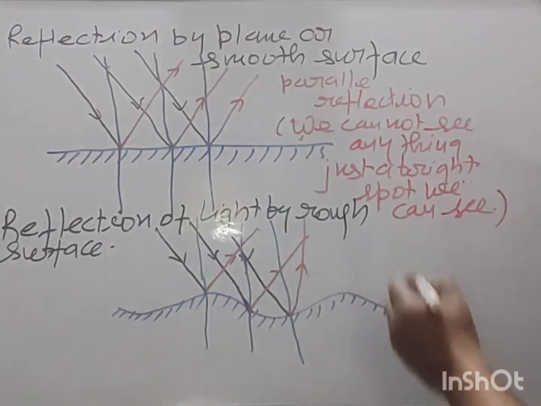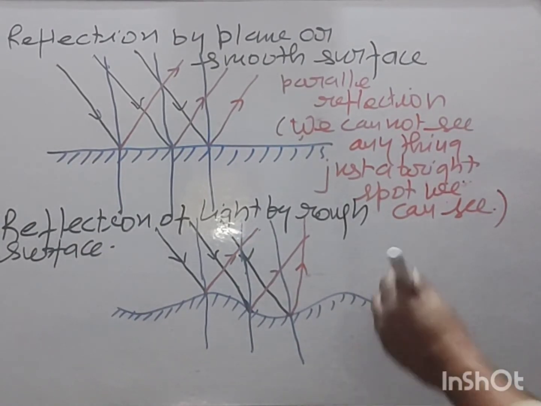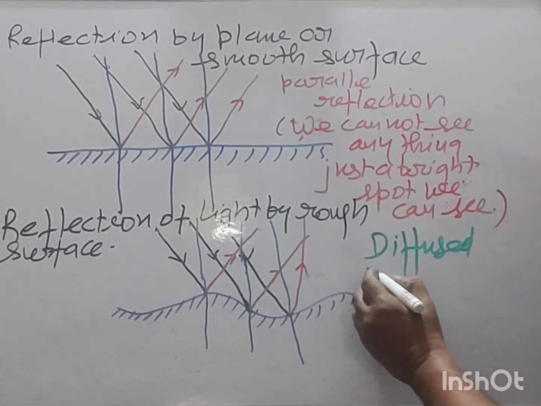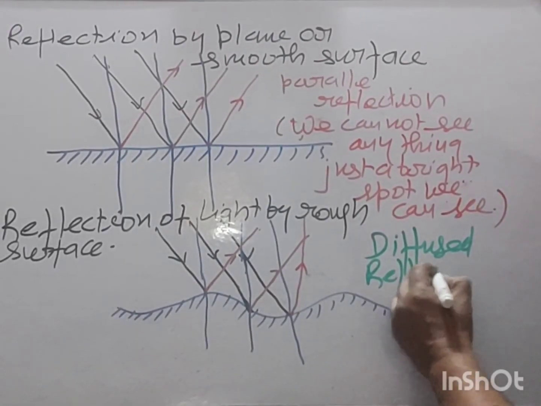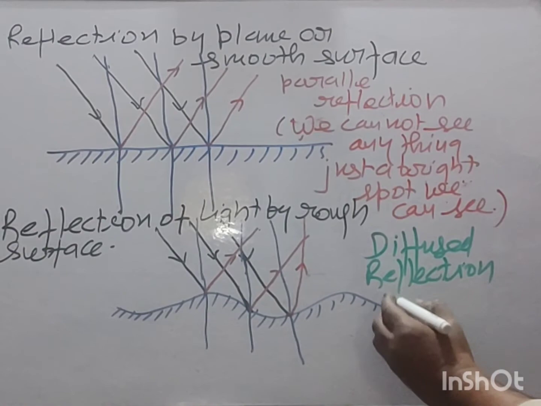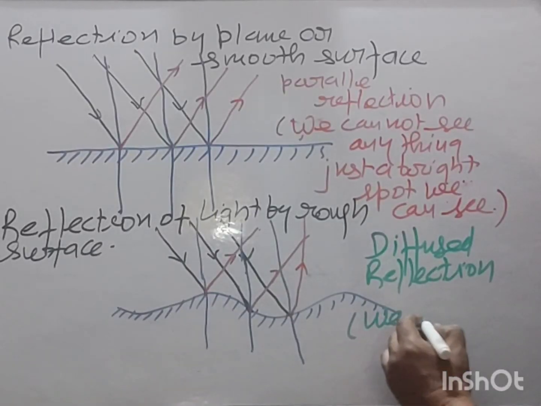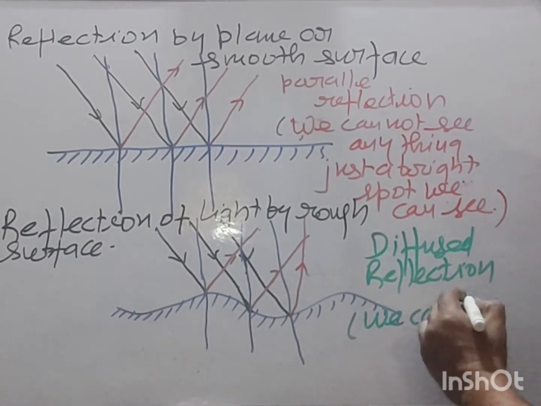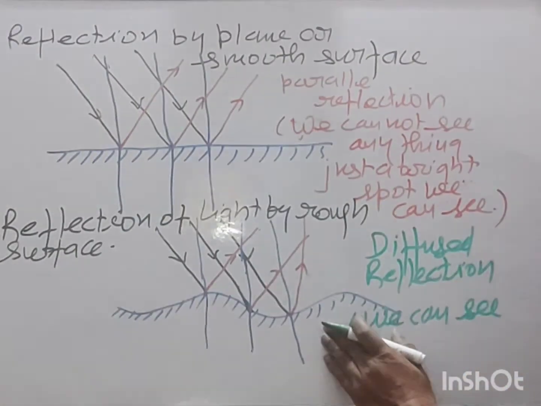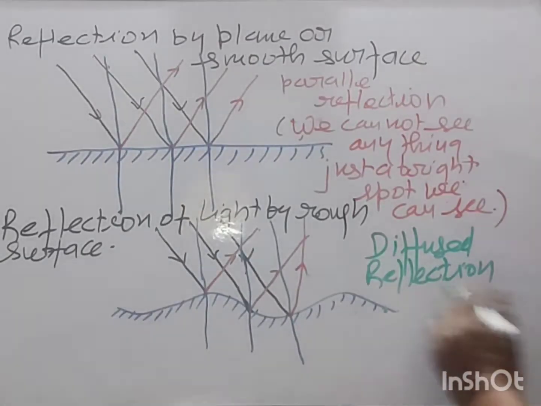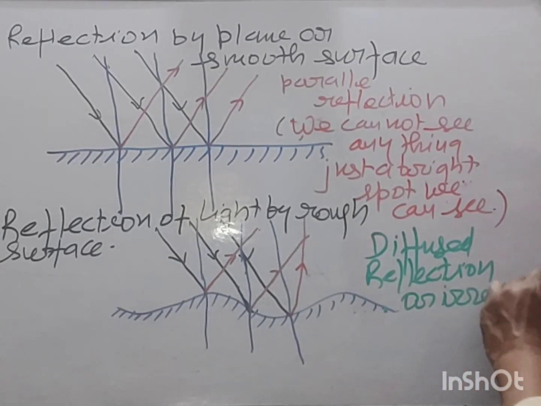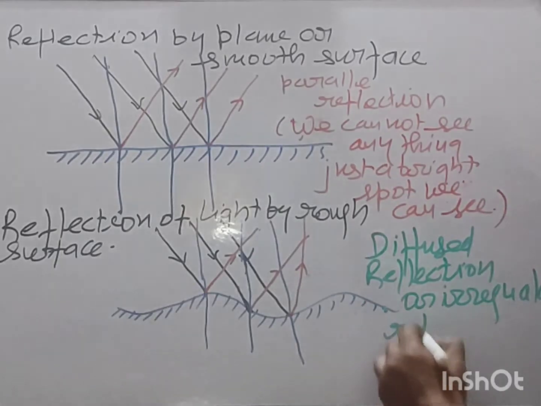So this type of reflection is called diffused reflection, or we call it irregular reflection.